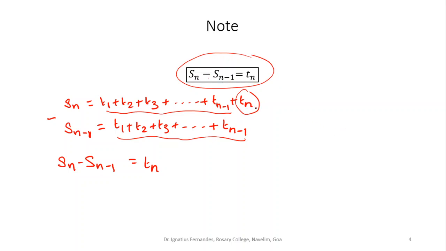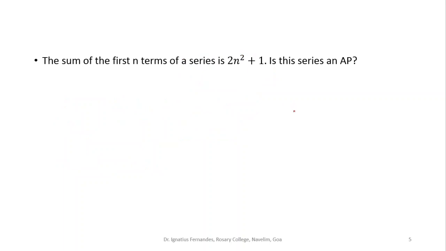Now how is this going to be useful to us? Suppose I know that the sum of the first n terms of a series of numbers is 2n square plus 1. Based on this, can I say that it is an arithmetic progression? So the sum of the first n terms is given: Sn is equal to 2n square plus 1. Now how do I do that?